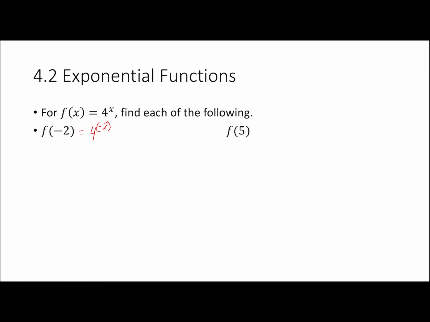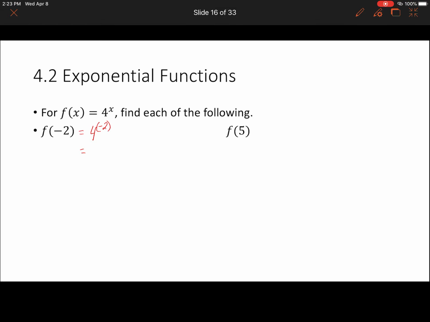Based on exponent rules that we've learned before, we know how to simplify this. This 4 to the negative second can be written with a positive exponent by putting it under 1. A lot of times when I teach this, I encourage my students to think of this as a fraction where the 4 to the negative second is on top. To make that exponent positive, we simply move that base and exponent to the bottom.